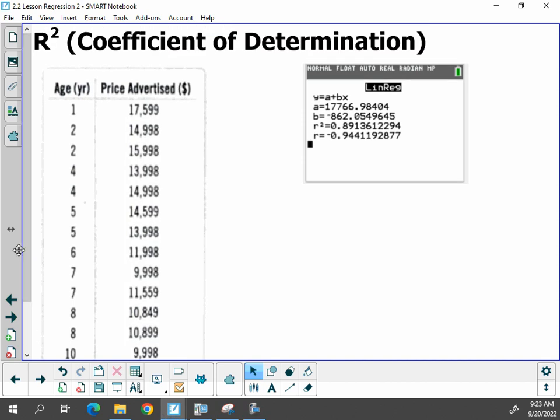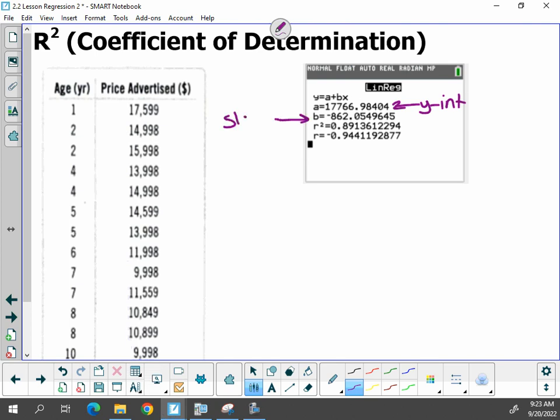So when we did this linear regression, we have talked so far about A and B. A is the y-intercept of my linear model. B is my slope. And I realized when I put my data in last time, I did have an error in my input.